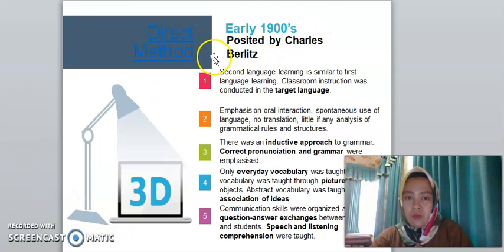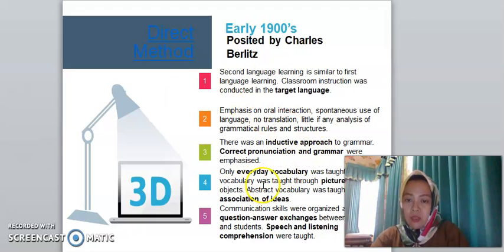And the next method is the direct method. Direct method emphasizes oral interaction and spontaneous use of language. No translation, because they use the target language. There is little analysis of grammatical rules and structure, although they also learn the structure, the form of grammar. Pronunciation and grammar were emphasized here.